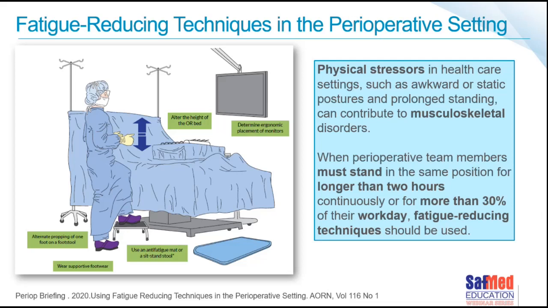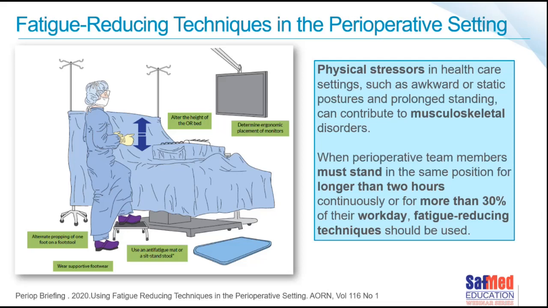musculoskeletal disorders. The ARN states that when perioperative team members must stand in the same position for longer than 2 hours continuously, or for more than 30% of their workday, we should be using some form of fatigue-reducing techniques. Those include, for example, correct placement of monitors. So we need our monitors on arms that can move and be placed in the right positions.